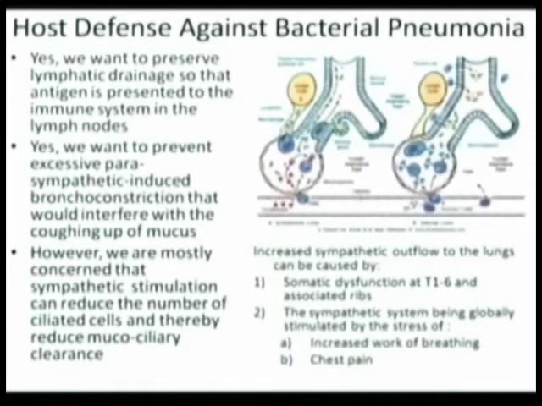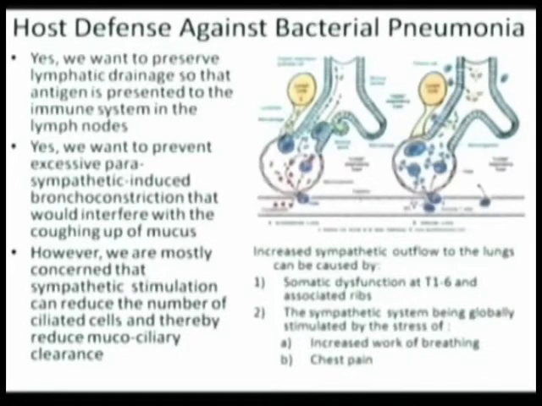So we want to prevent excess parasympathetic stimulation. But the primary thing that we're looking at is exaggerated sympathetic stimulation of the lungs, because this produces a very thick, tenacious mucus, and for clearing up of bacterial pneumonia it's crucial that you have good clearance of the debris that's in the bronchial tree. So we're very concerned about hypersympathetic stimulation when we have a bacterial pneumonia.